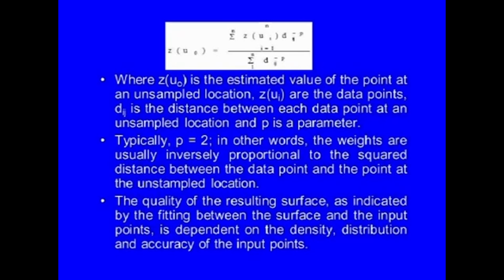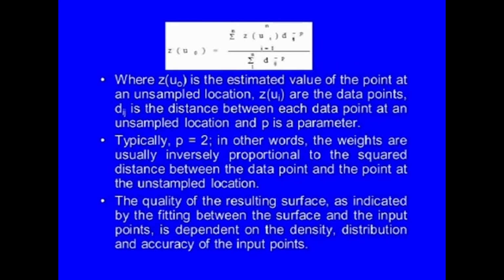Here z u0 is the estimated value of the point at an unsampled location, z ui are the data points, dij is the distance between each data point and the unsampled location, and p is a parameter. Typically, p is equal to 2. In other words, the weights are inversely proportional to the squared distance between the data point and the point at the unsampled location.